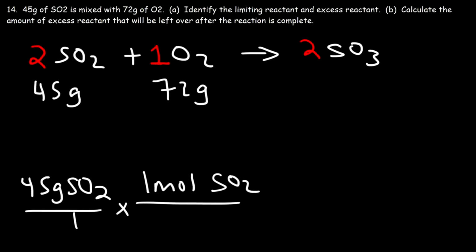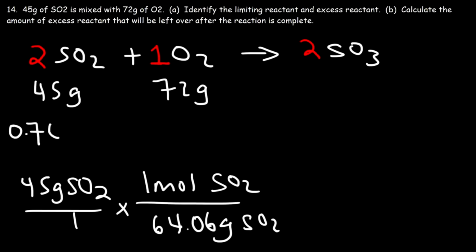The molar mass of SO2 is 32.06 plus 2 times 16, and so that's going to be 64.06 grams. So 45 divided by 64.06, that's going to give us 0.7025 moles of SO2.